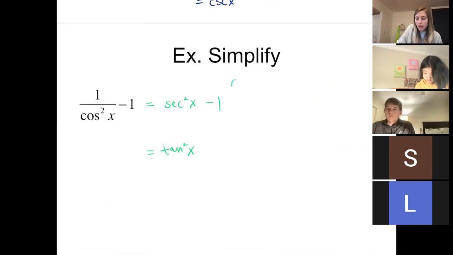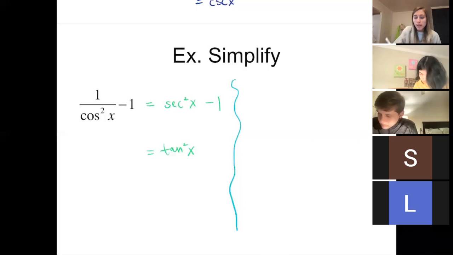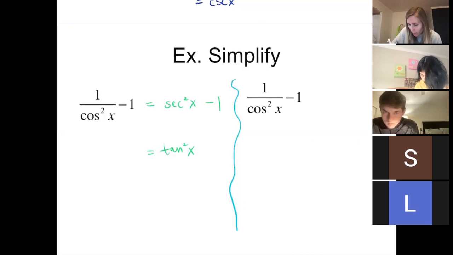Now, if we used Janet's idea of getting a common denominator, which is totally reasonable, I'm going to copy this and paste it over here. To get a common denominator, we would think about multiplying the 1 by cosine squared over cosine squared.